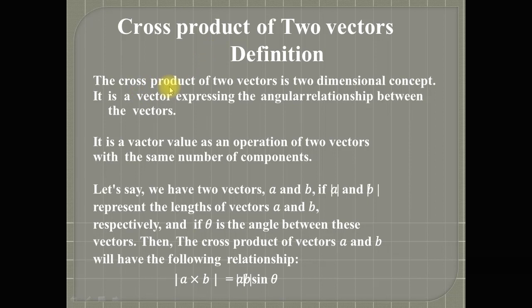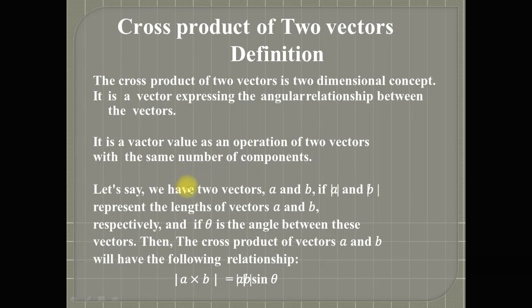The cross product of two vectors is a two-dimensional concept. It is a vector expressing the angular relationship between the vectors. It is a vector value as an operation of two vectors with the same number of components.